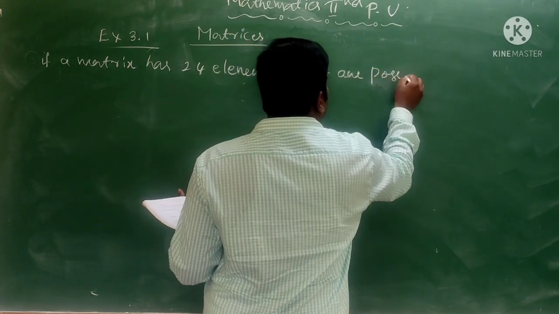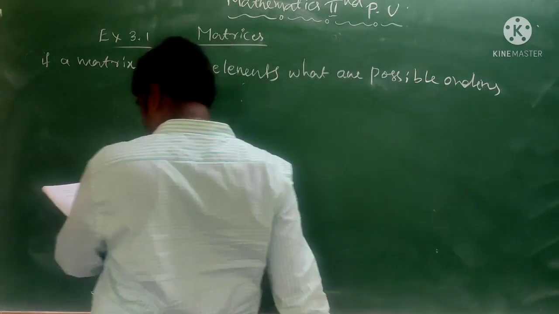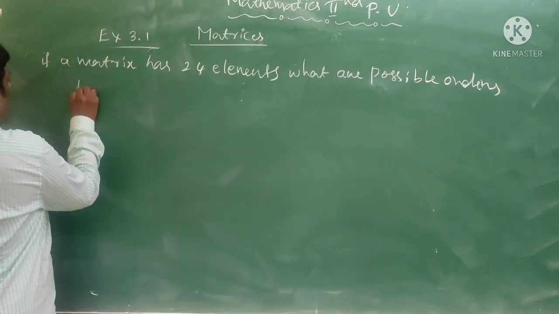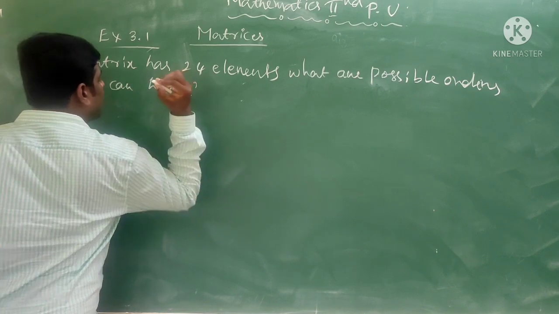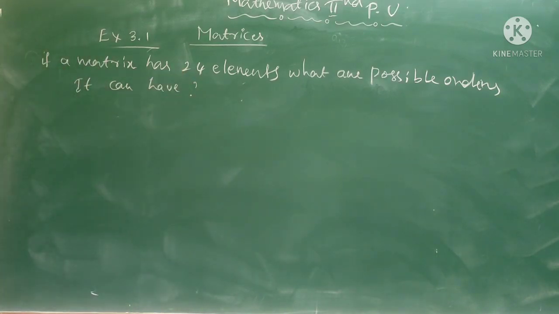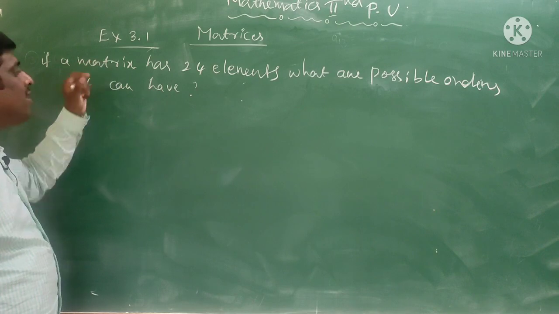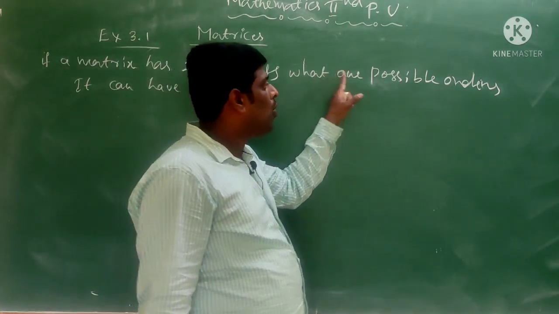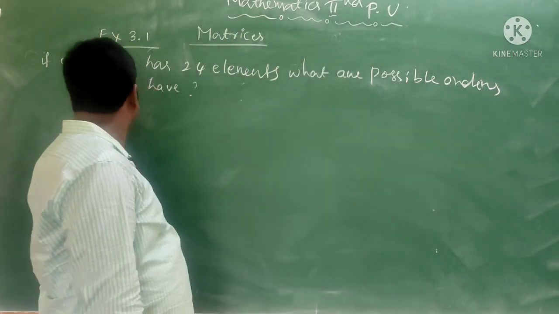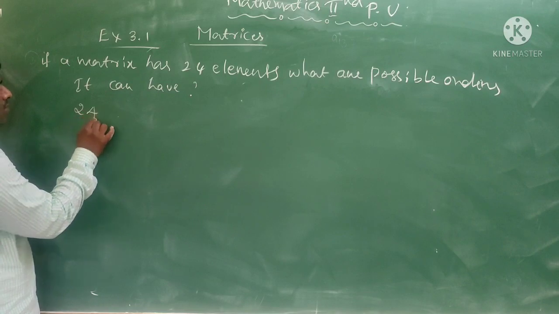What are the possible orders it can have? Very simple, children. Very simple. This is a 1 mark question. For board exam, they will ask a 1 mark question. If a matrix has 24 elements, what are the possible orders it can have? 24 elements.